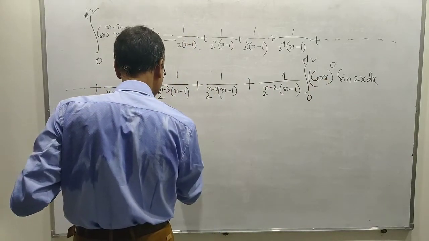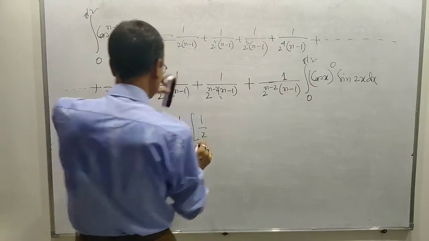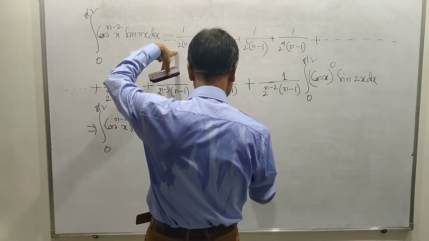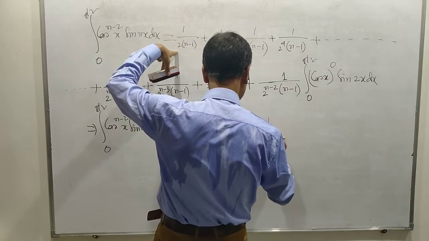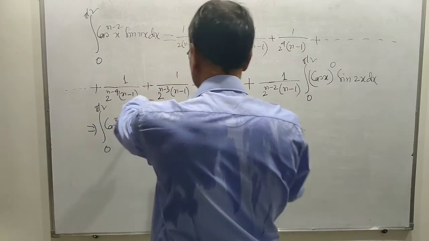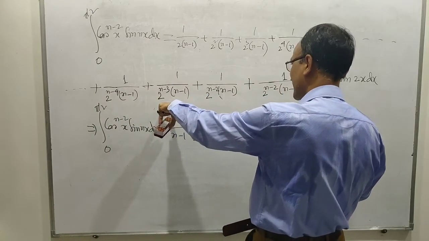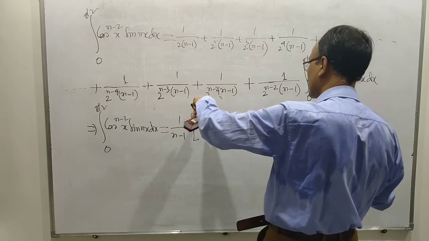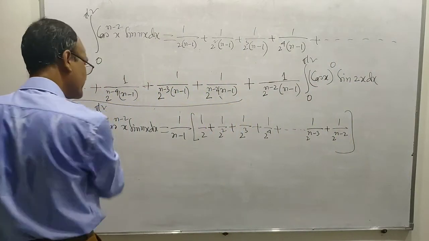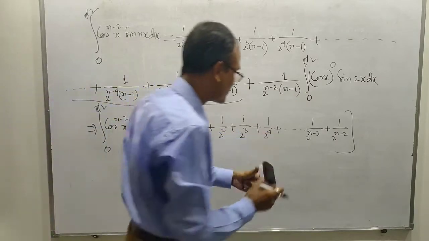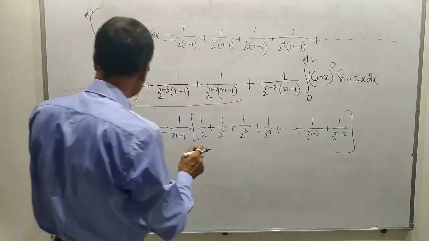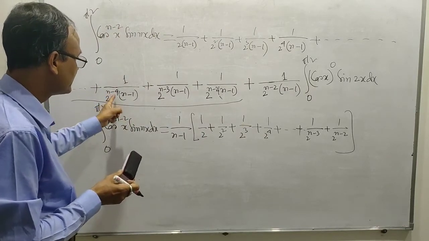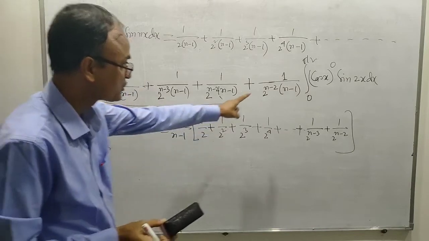You will get here 1 by 2, 1 by 2 square, 1 by 2 cube, 1 by 2 to the power 4, plus dot, 2 to the power n minus 3, plus 1 by 2 to the power n minus 2. Up to this term we have written. The term before this will definitely be 2 to the power n minus 4. We have not written this.